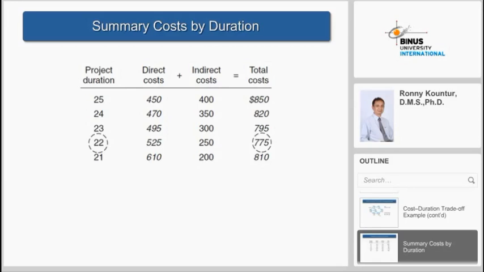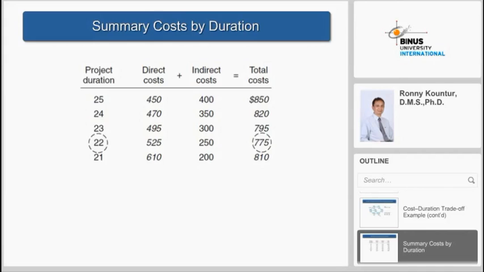So the total cost will be the direct cost plus the indirect cost. In the project duration of 25 days, the total cost is 850. Where do we get this 850? That is the direct cost plus the indirect cost. When we reduce the duration to 24 days, the total cost will become 820.